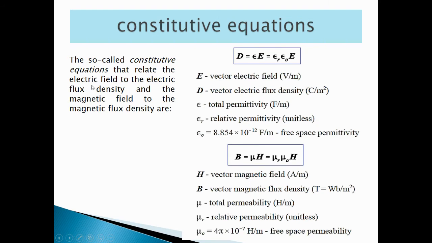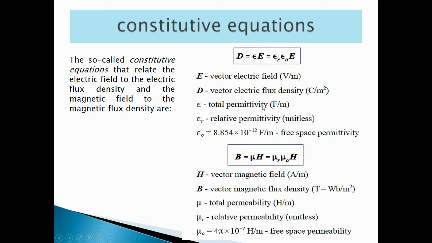There is one more comparison here, which is what we call constitutive equations. There are three constitutive equations, based on the electric field, electric flux density, magnetic field and magnetic flux density. For the electric field, we know already that the electric flux density D is equal to epsilon multiplied by the electric field E, where epsilon is the permittivity.